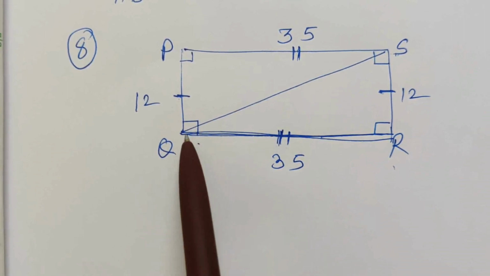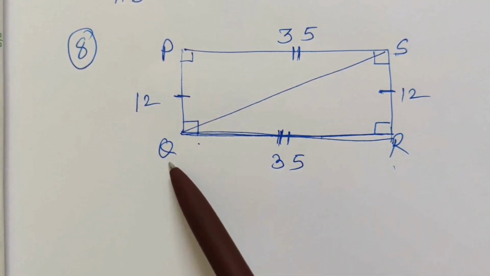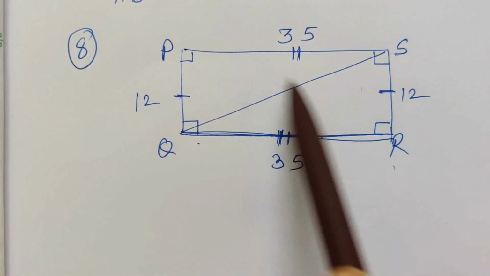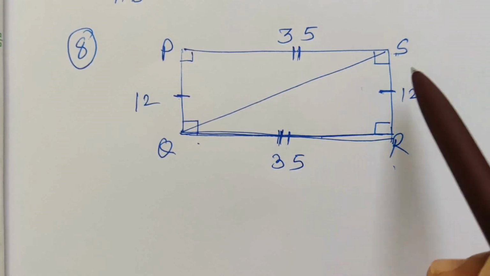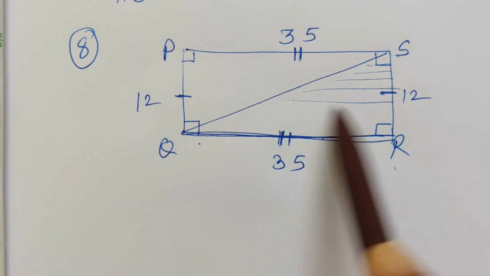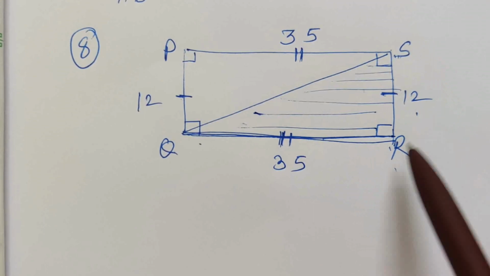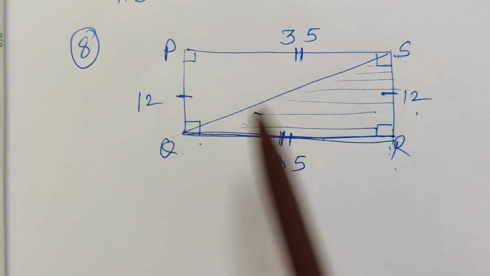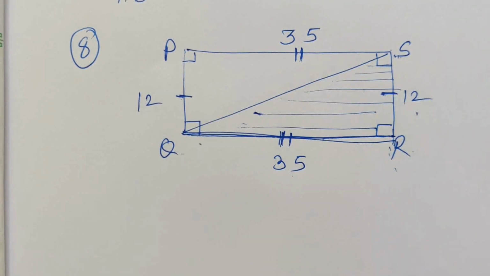First right angle triangle is QPS and second is SRQ, because all four angles of the rectangle are 90 degrees. In triangle SRQ, the length of the first side SR is given 12, the length of the second side QR is given 35, and QS is the diagonal, but we will consider it the hypotenuse. We have to find the hypotenuse. So use the Pythagoras theorem.